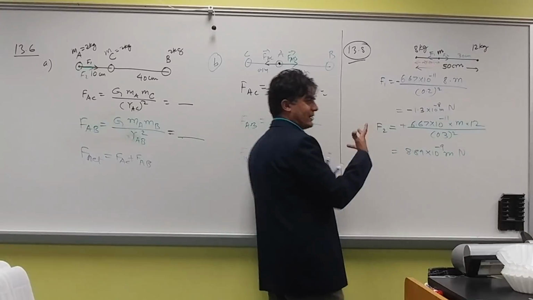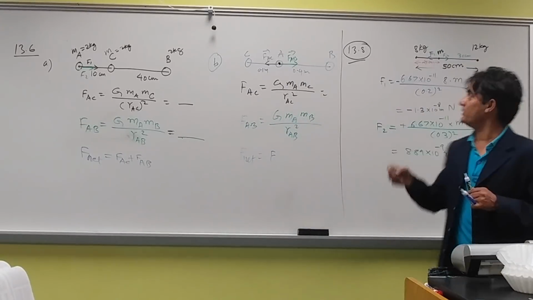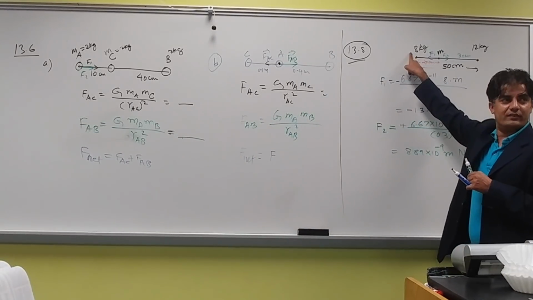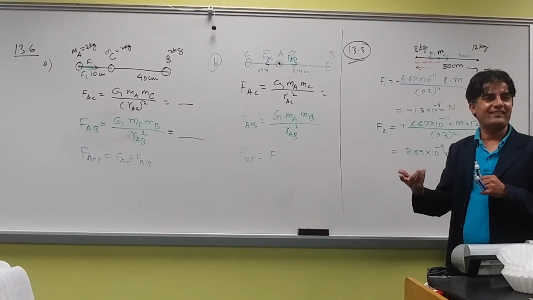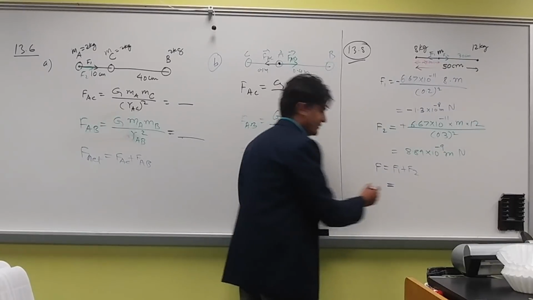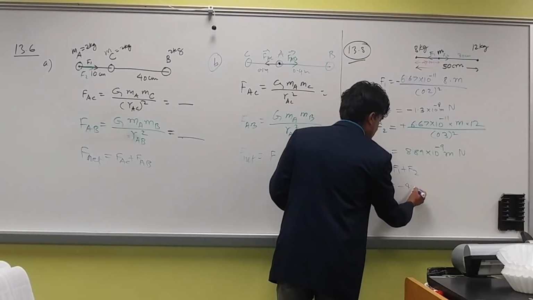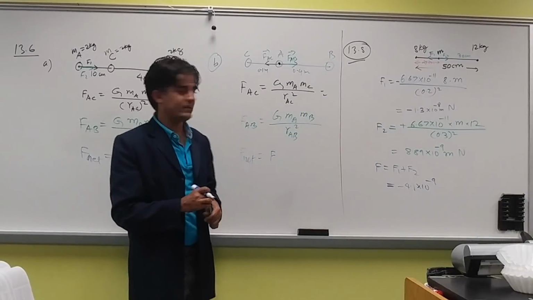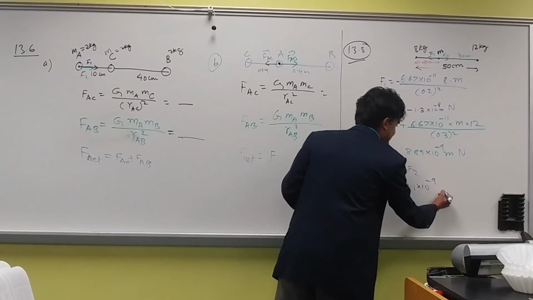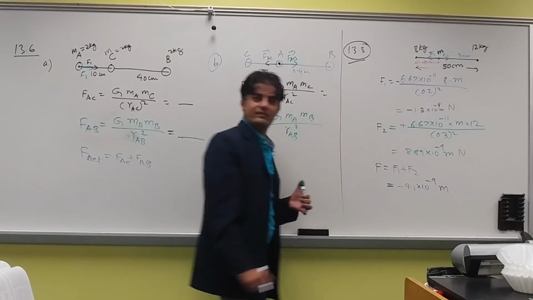So of course, the beauty here is, even though mass is small, your radius will be squared. Minus 4.1 times 10 to the negative 9. So now this M times M is also there.